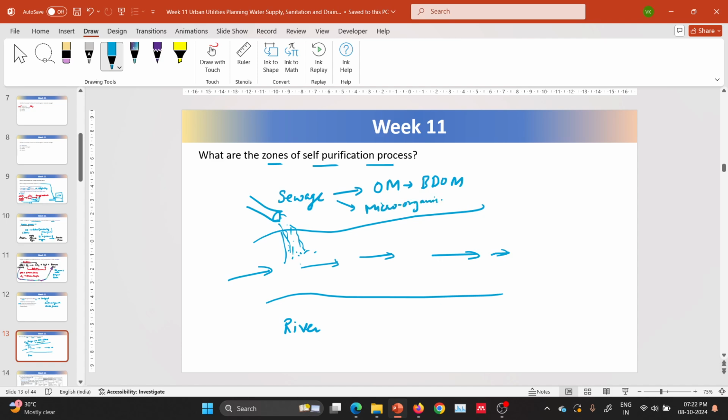Microorganisms will consume biodegradable organic matter, and they will consume the river's dissolved oxygen.